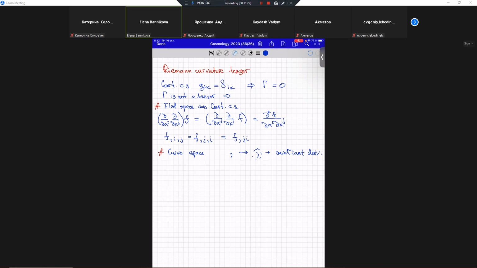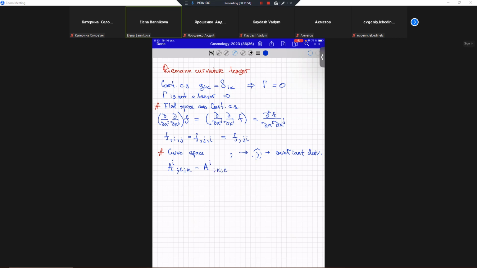And if we now consider the more general case, for example if we have some vector, this is the second covariant derivative of this vector. So I will write it like this: A^i_{;lk} minus A^i_{;kl}.